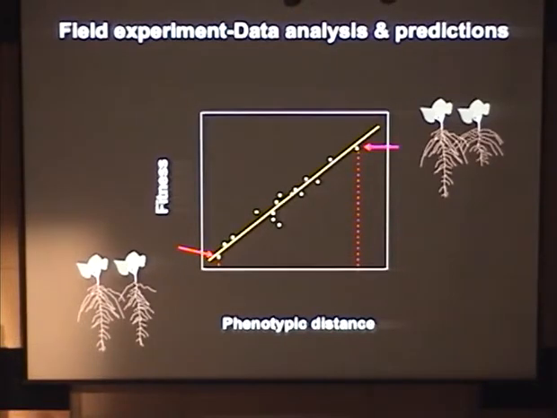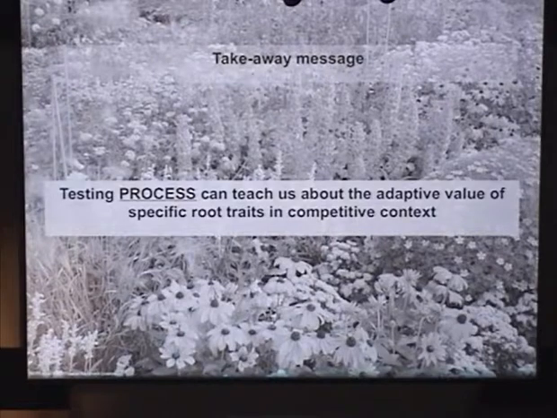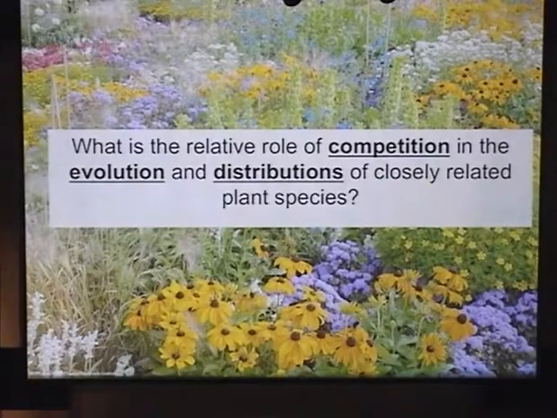And so, as my takeaway message, by learning the adaptive value in which root traits may have evolved, particularly competition, can teach us about the context, right? And so this can funnel into and provide us more information to answer this even bigger and pervasive question in the field of how competition between closely related plants may influence their evolution and distributions.